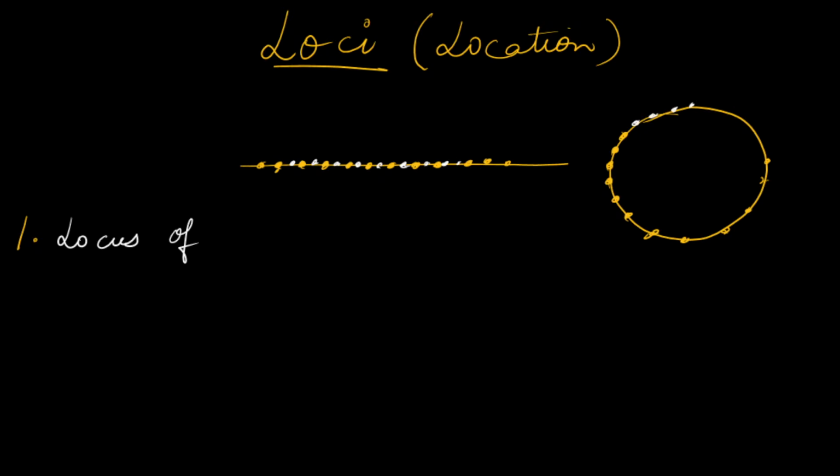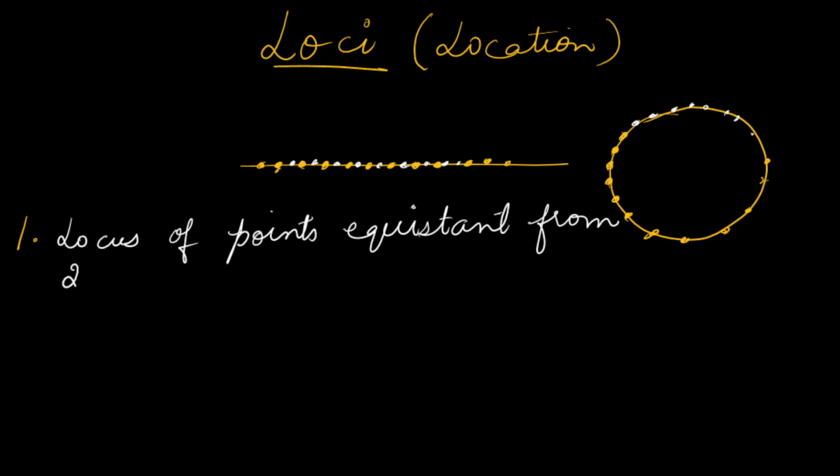So many points together, when they move together, they make either a line or a circle. When you have to draw a locus of points equidistant from 2 points, that time you have to draw a perpendicular bisector.